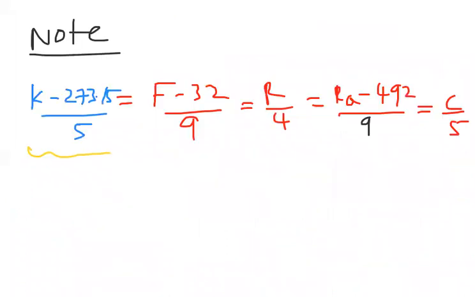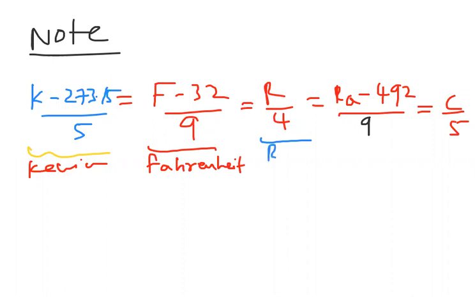So K minus 273.15 by 5 is the Kelvin scale, and this is what we are comparing. This one is the Fahrenheit scale. Next, this is the Reaumur scale. This is the Rankine scale.